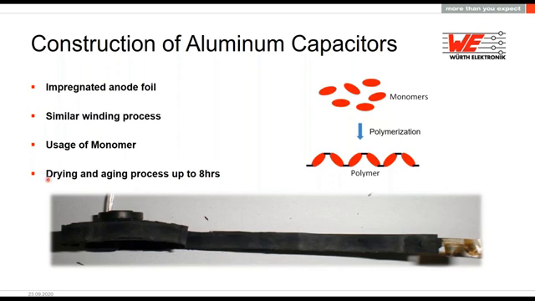The drying and aging process takes up to 8 hours, and the temperature is around 120 degrees. So it's a temperature process to bring this monomer to polymer to get the advantages of this now solid capacitor. But we will go there in a few minutes.